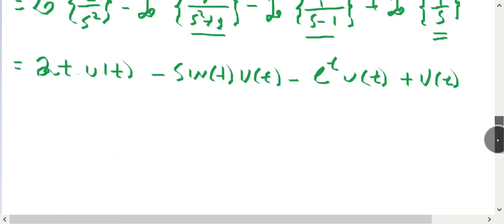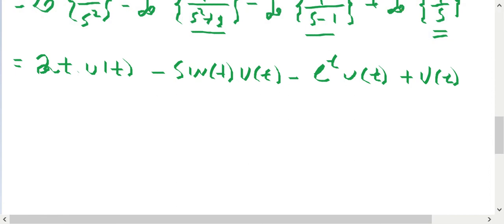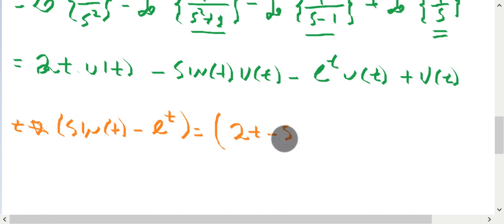We can put our step function in evidence, and we finally have that t convoluted with sine of t minus exponential of t is equal to 2t minus sine of t minus exponential of t plus 1, times our step function.